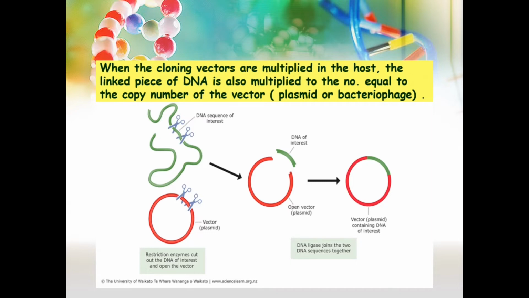And the process is called transformation. Once the transformation occurs, according to the type of origin which they have, they multiply inside the bacteria to form their coded copy numbers. As well as this gene of interest is also going to multiply. So this is known as gene cloning.